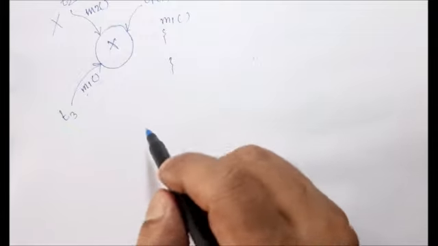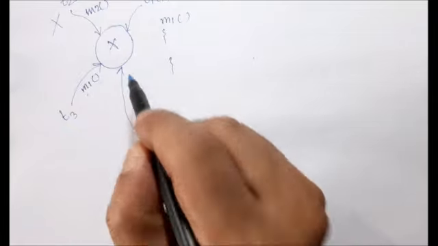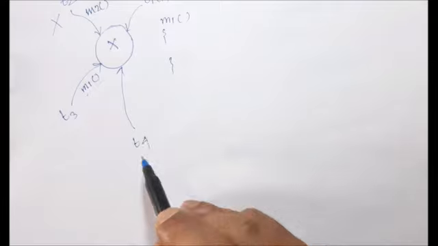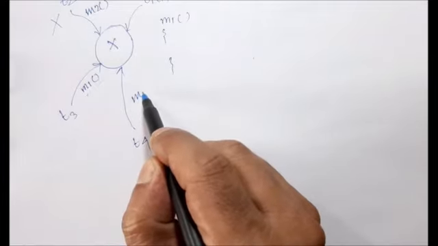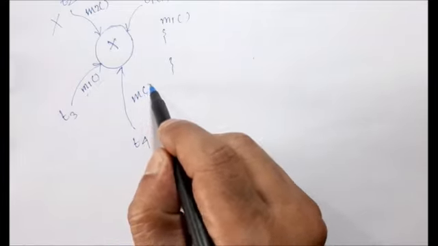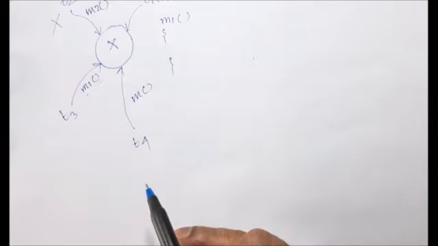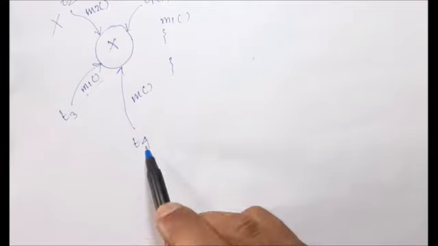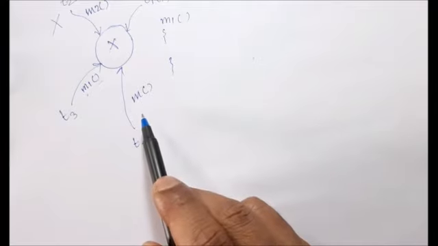But what will happen if another thread, for example T4, wants to access another method, M, which is a non-synchronized method? Will it be accessed or not?